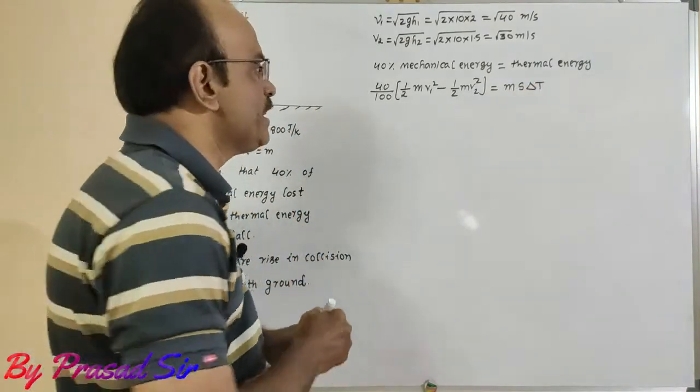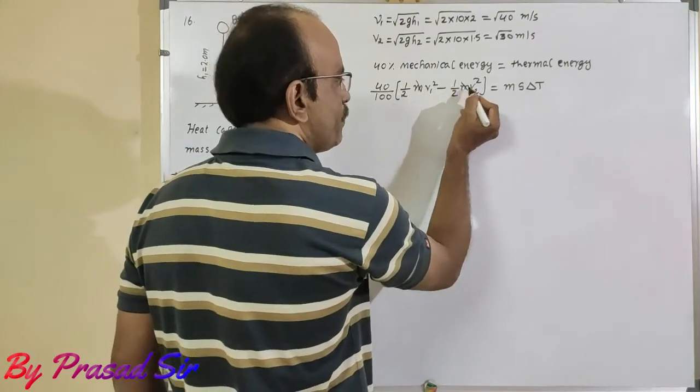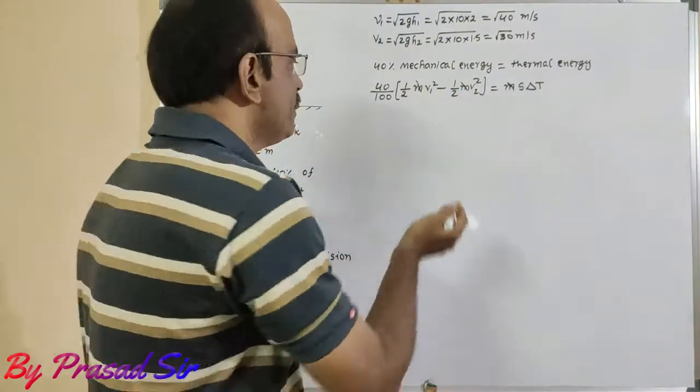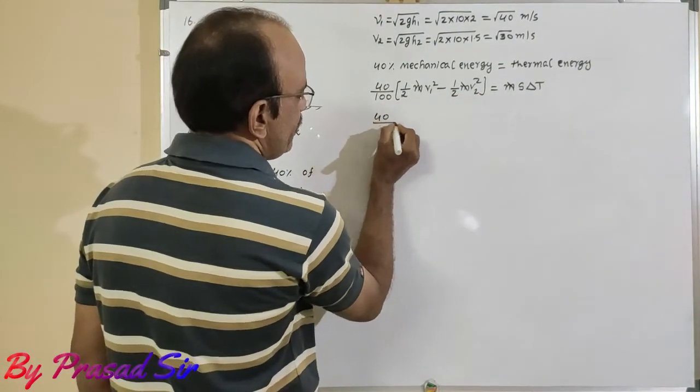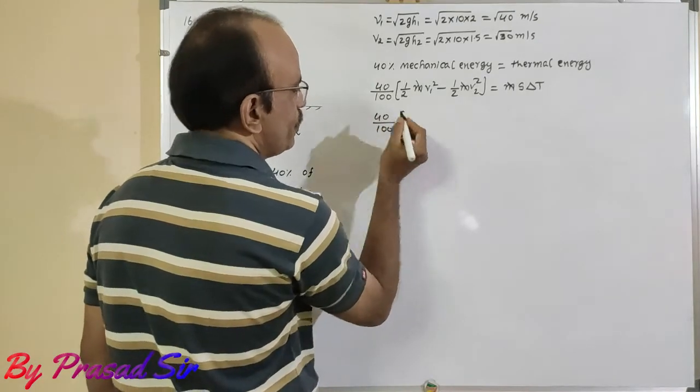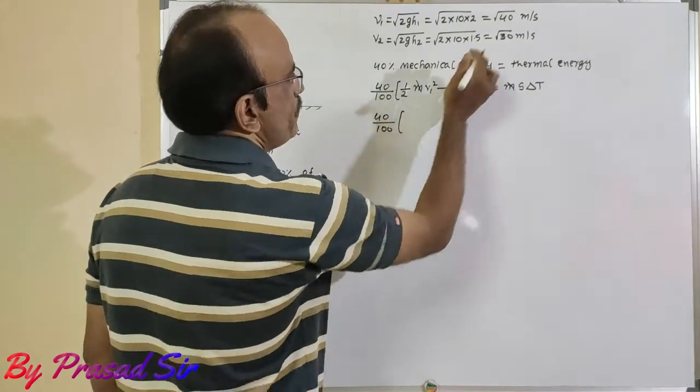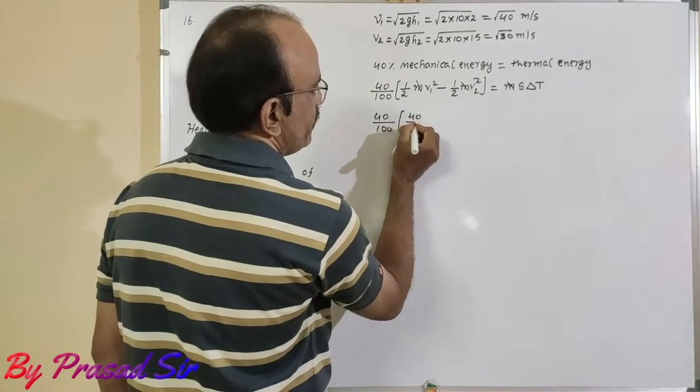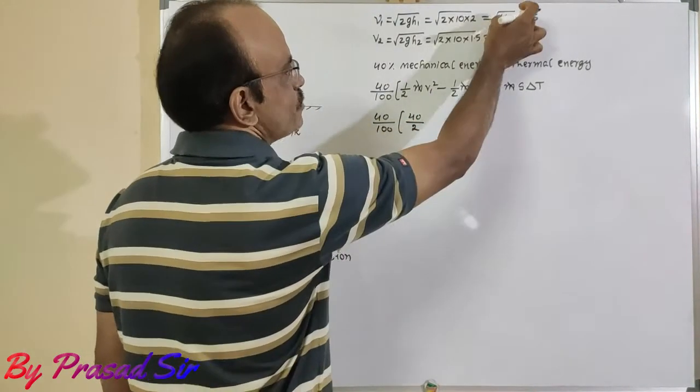Now here the mass on both sides gets cancelled. So now 40 divided by 100 into v1 square, what is that? 40 divided by 2. Why? Because root is there, no?